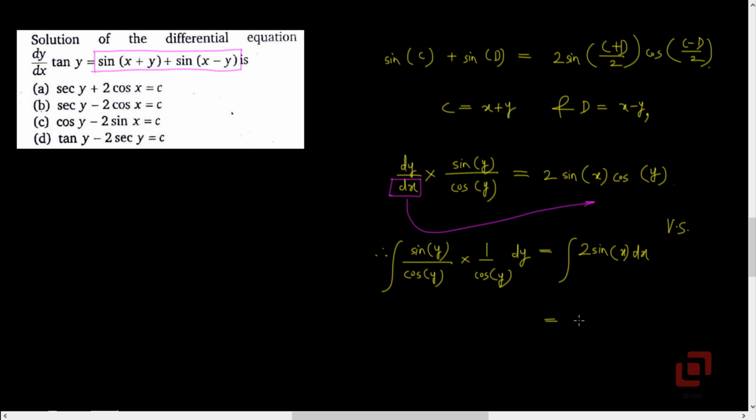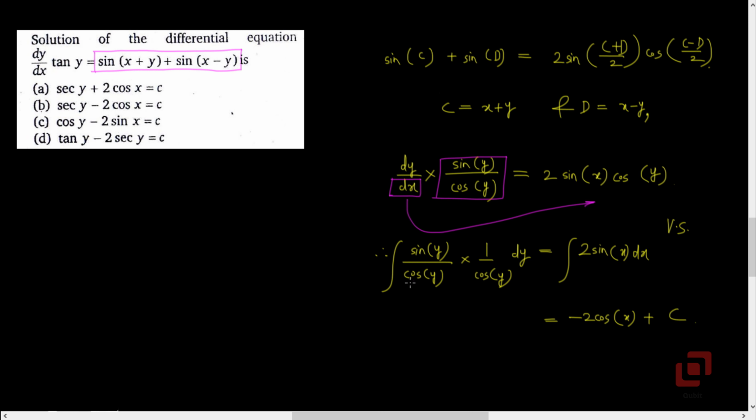The right hand side will be minus 2 cos of x plus the arbitrary constant c. Let's now go to the left hand side. Initially I had thought that writing tan of y as sin y upon cos y will lead to cancellation of some terms. However, this cos y, when sent to the left hand side, sits in the denominator.